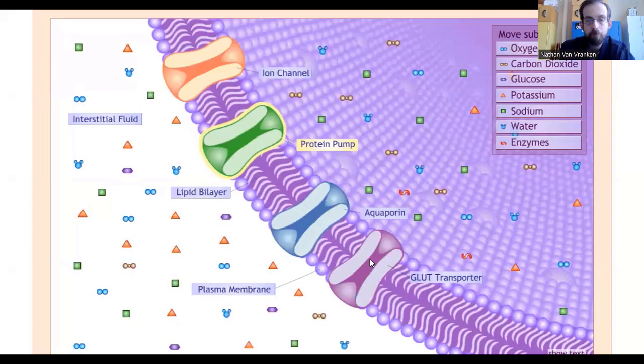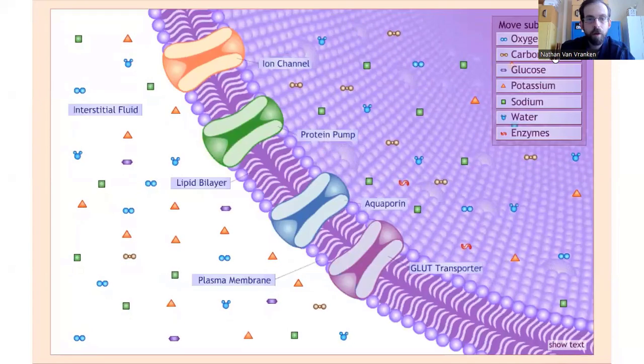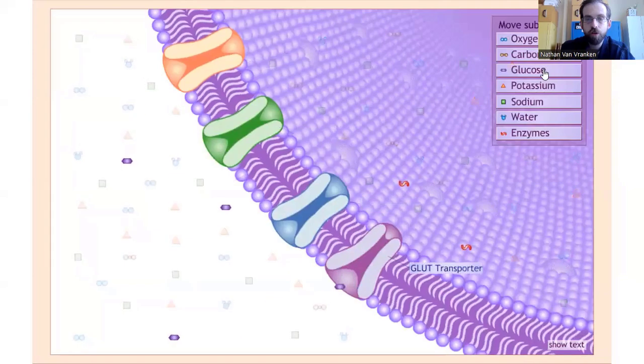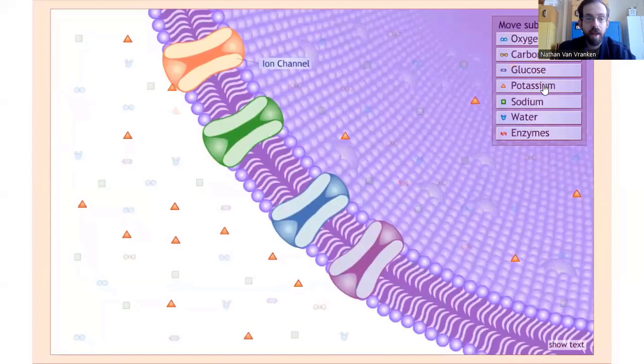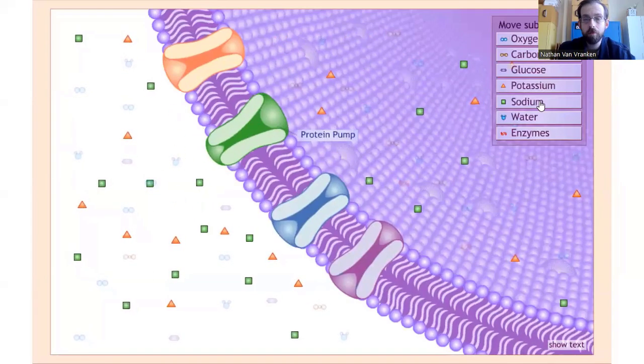You have plasma membranes, and this is how resources like oxygen can move around. Carbon dioxide can leave the cell. Sugars pass through GLUT transporters to get absorbed into the cellular membrane and keep that cell healthy and energized. Potassium is also used. Sodium is expelled.